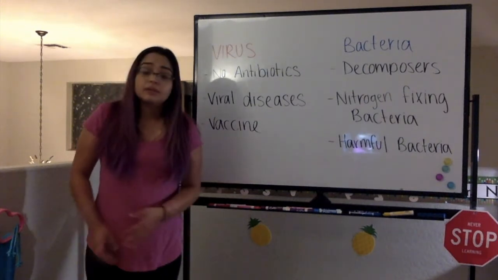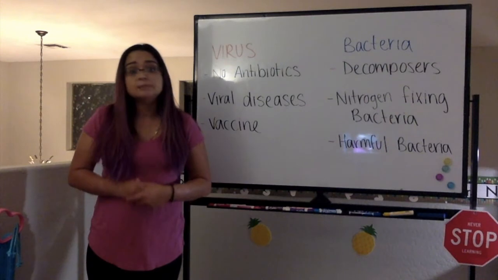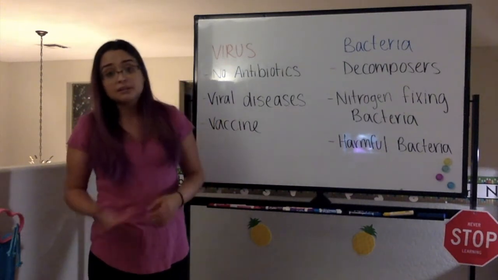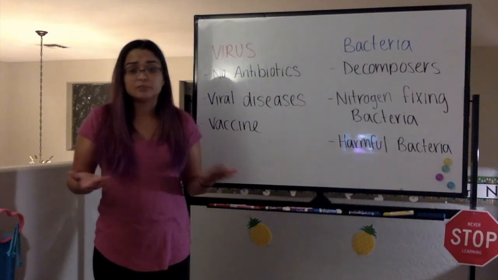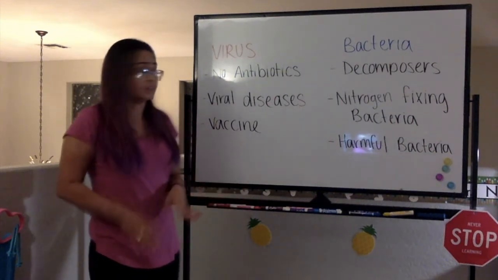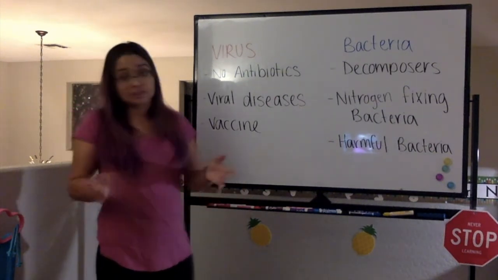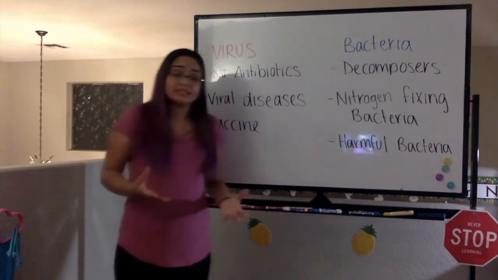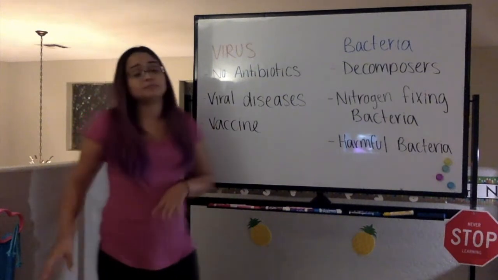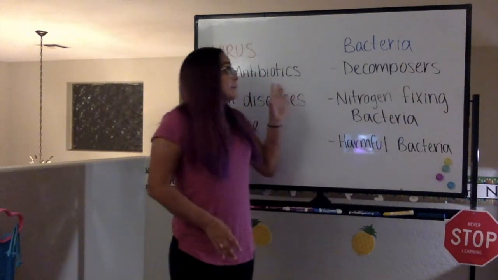When you're a baby, you get your chickenpox vaccine, or you get the chickenpox. I was one of those kids that got the chickenpox very, very young, even though I got the vaccine actually. So that is viruses.